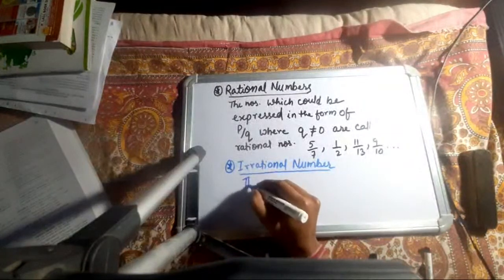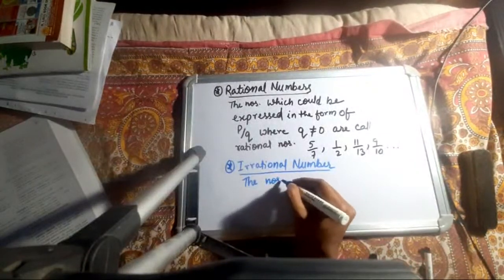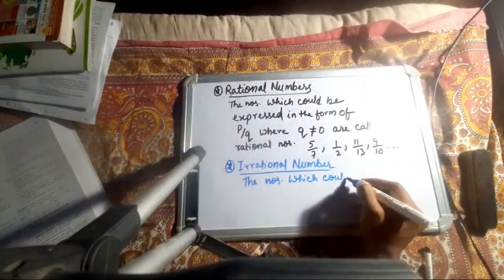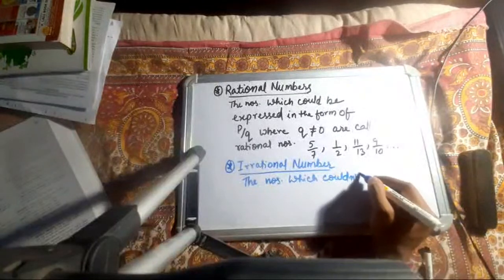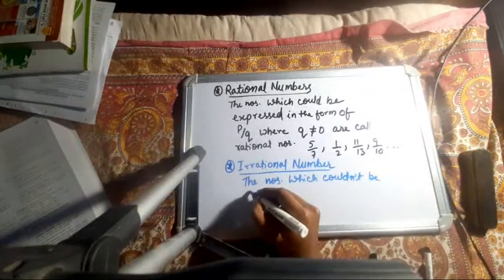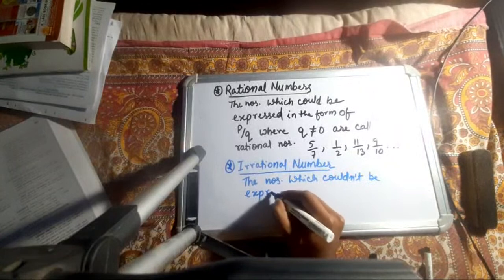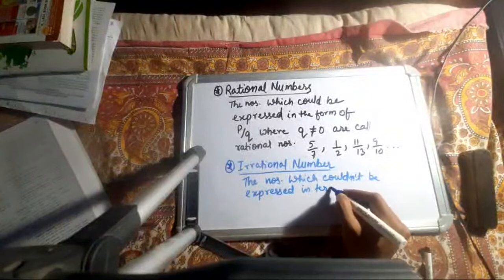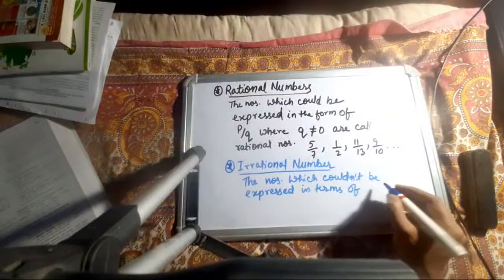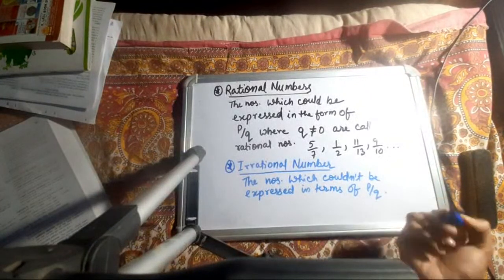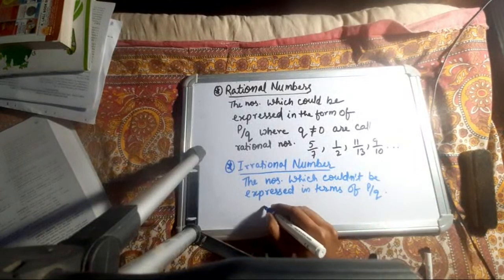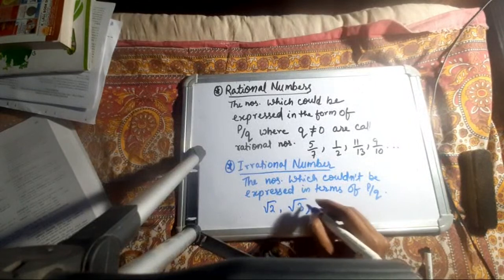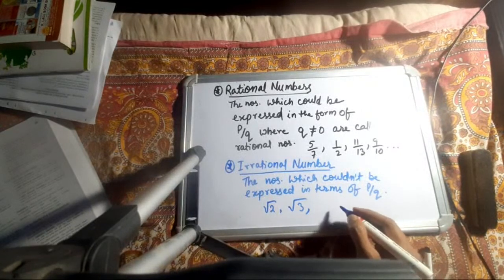The numbers which could not be expressed in terms of p by q are called irrational numbers, like root under 2, root under 3, whose values go on continuing.